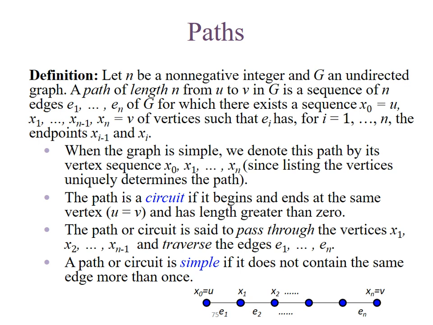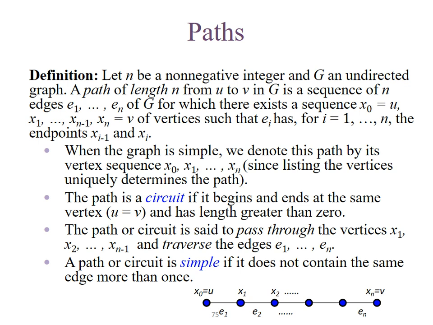And then when we build a path, if the edges are not repeated, then we call that a simple path. For example, we have the path x0, x1, x2, xn. So the edges e1, e2, en are not repeated. So this is a simple path.